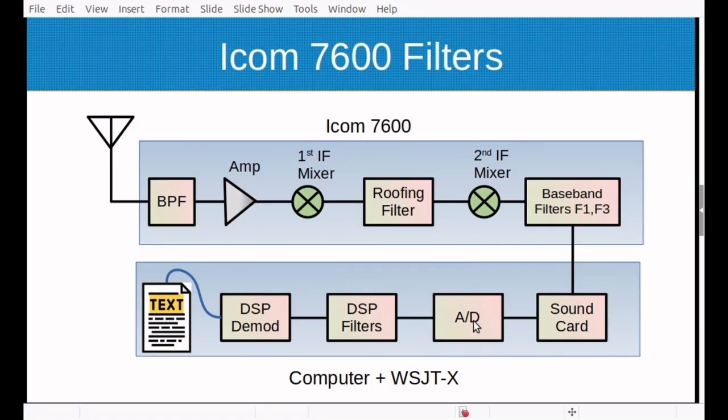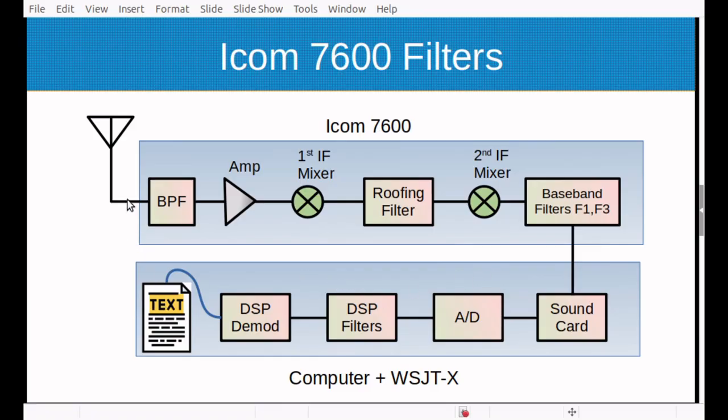It's going to have to perform an A to D conversion, run it through DSP, digital signal processing filters, and then demodulate it. So our goal in the 7600 is to deliver to the computer in WSJT-X the best audio that is most suitable for this process.